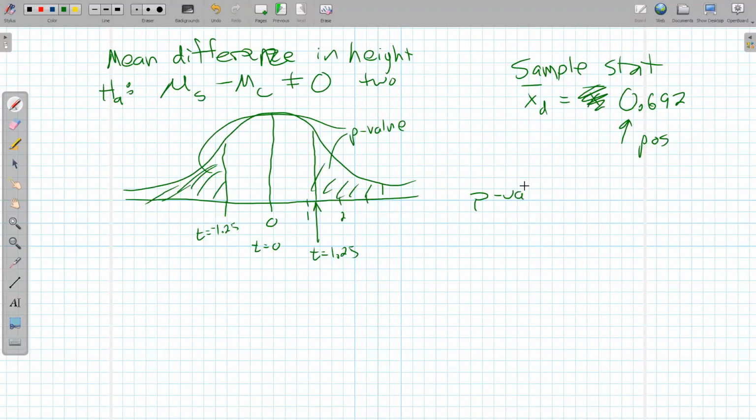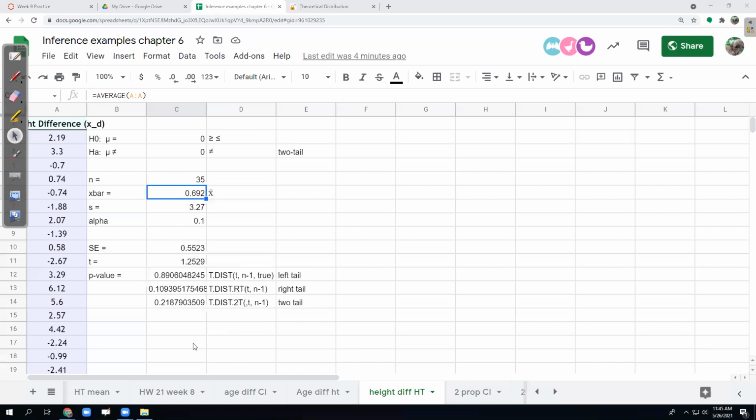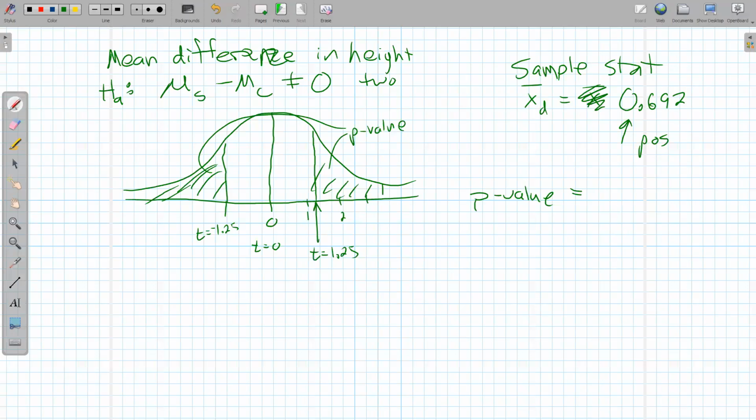Our p-value is 2.2188. That's a big p-value, right? It is much greater than alpha, even at 10%. Okay, so we're going to fail to reject the null, fail to reject.